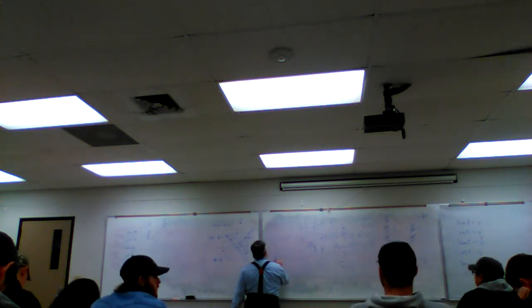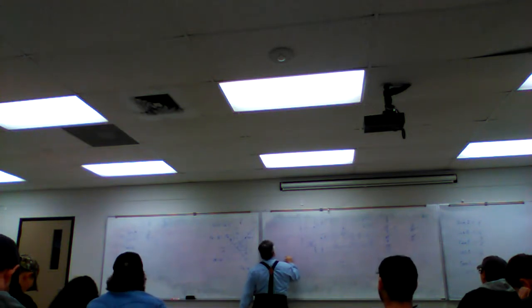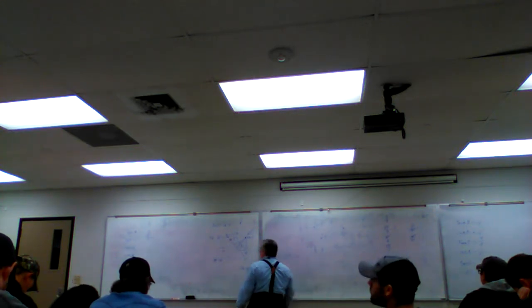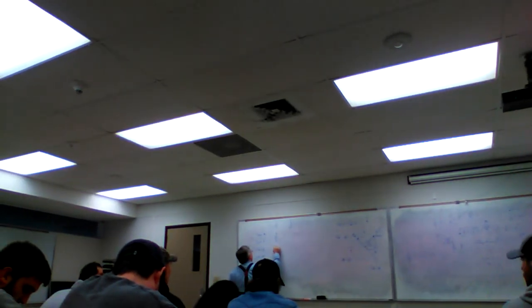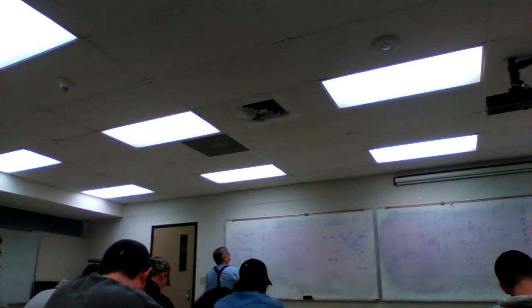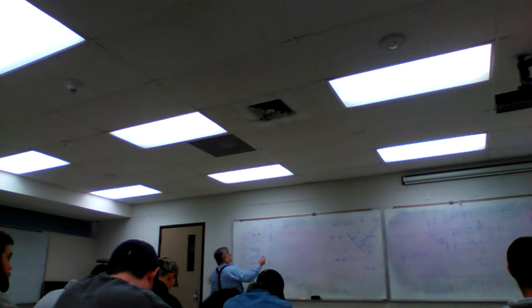One half divided by the square root of 3 over 2 would be 1/2 times 2 over the square root of 3. The 2's cancel, and we end up with 1 over the square root of 3. Cosecant, secant, and cotangent? Just the square root of 3.